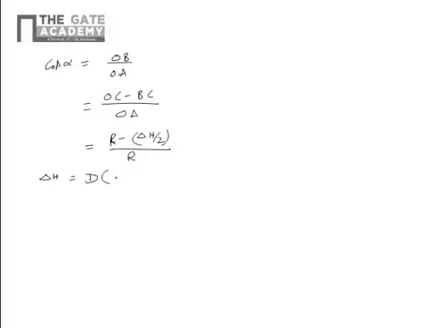Cos alpha equal to OB by OA, you can write it as OC minus BC divided by OA, that is equal to R minus delta H by 2 divided by, what is OA, R. So if you simplify it, you will get delta H equal to D into 1 minus cos alpha. So this is one of the important formulas for GATE questions.